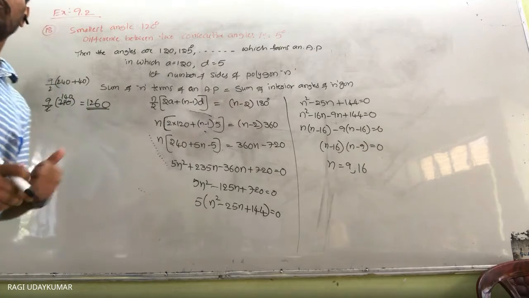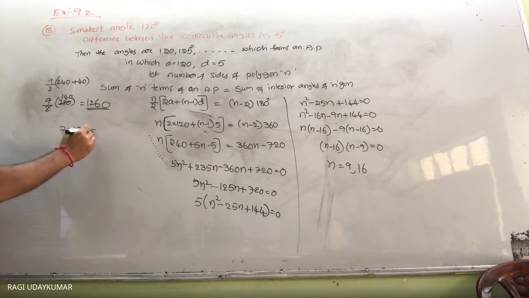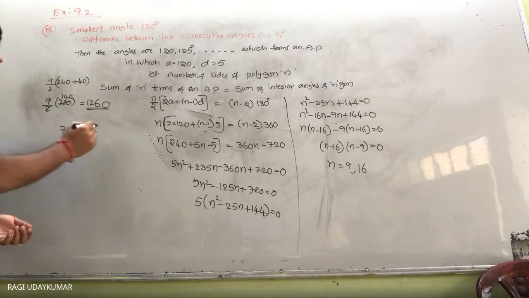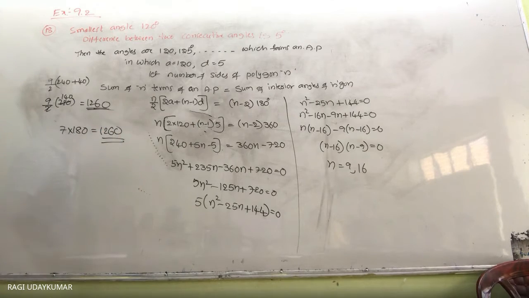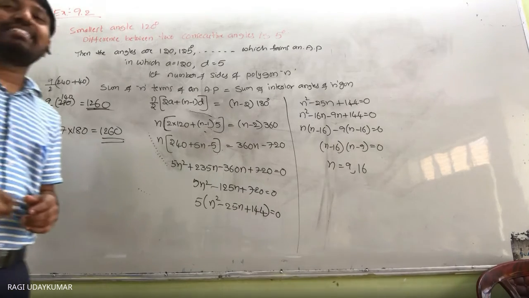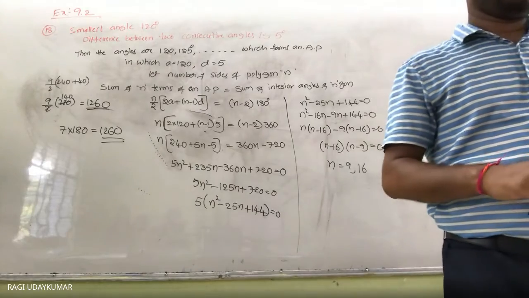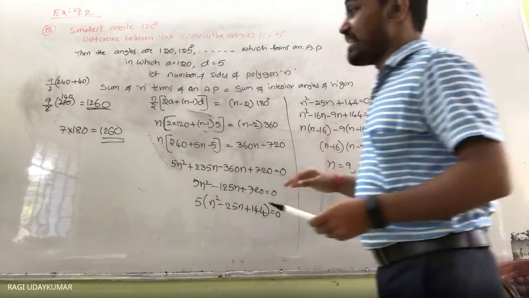Now in this 9 substitute करो. 7 into 180, 1260. आते हैं, क्यों नहीं आते? हाँ, आंसर देख लिया. आंसर में क्या दिया. भाई, 16 चेक कर लो.